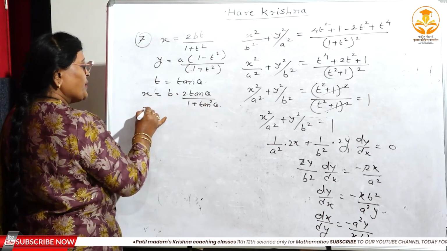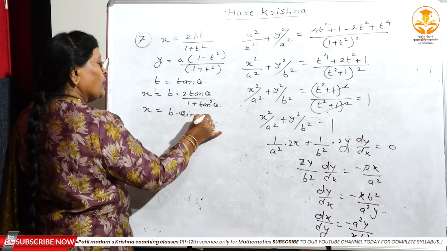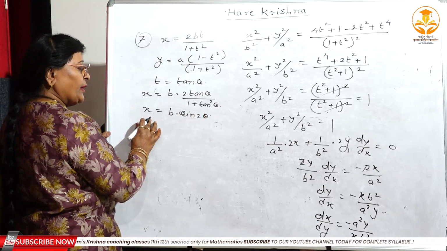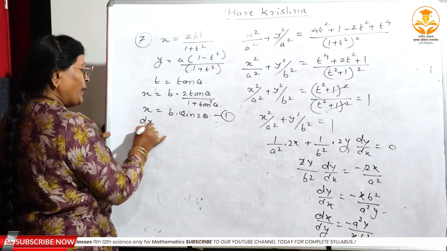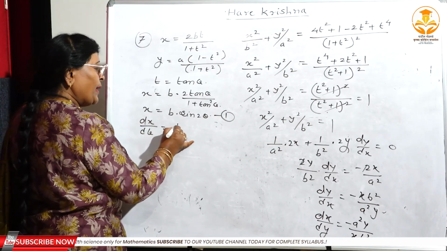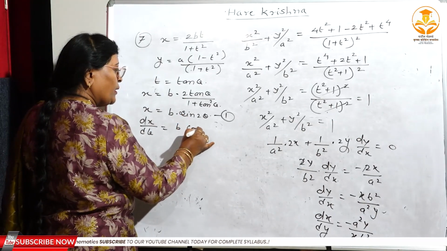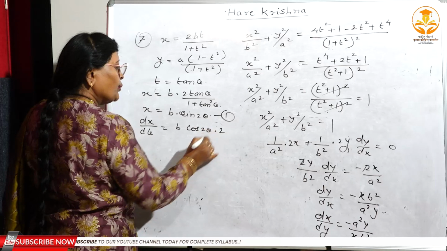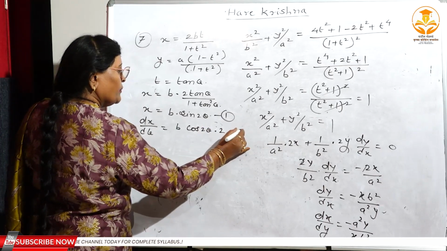Again, if you observe this, this is the formula of sin 2θ. Since x is a function of θ, you can differentiate with respect to θ. dx/dθ, b remains as it is. The derivative of sin 2θ is cos 2θ, and again the derivative of 2θ. Right?